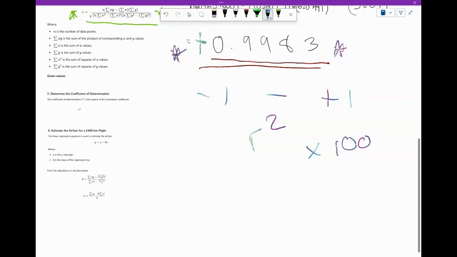Okay? So let's quickly square this. 0.998 squared gives us what? And then after that, just times by 100. What do we get?